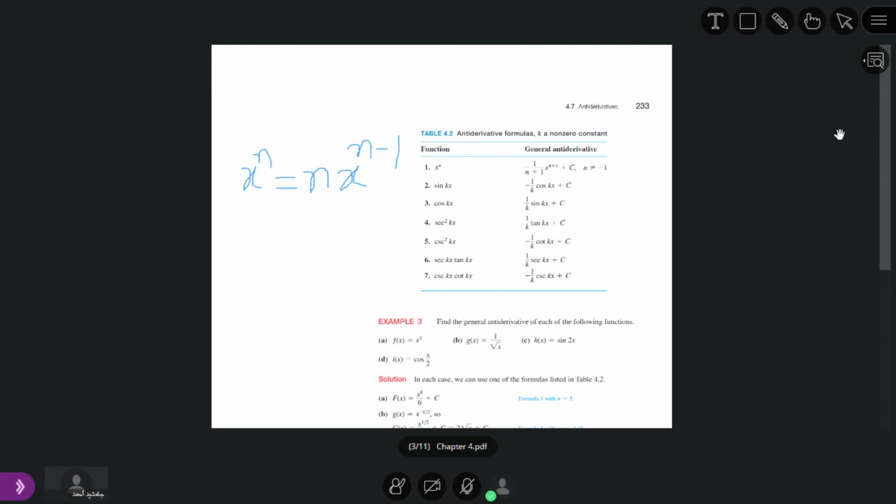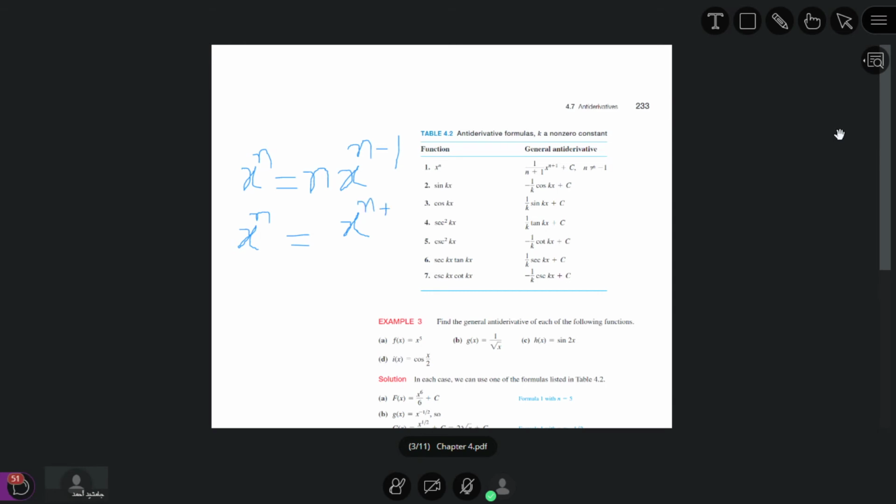What is the opposite of multiplication? It is division. What is the opposite of decrease? It is increase. So in the derivative we decrease, and for the antiderivative we increase, so you have to put n plus 1.